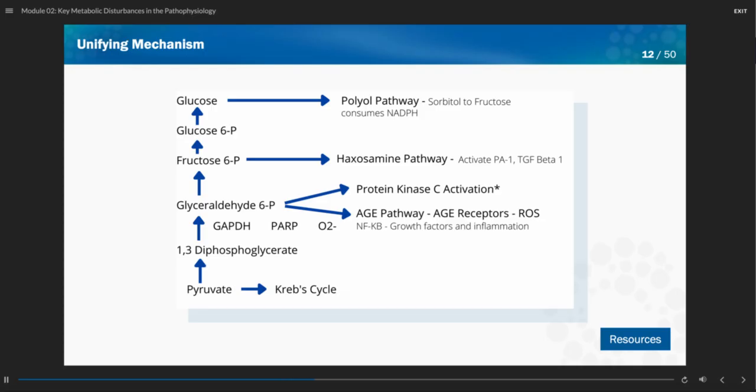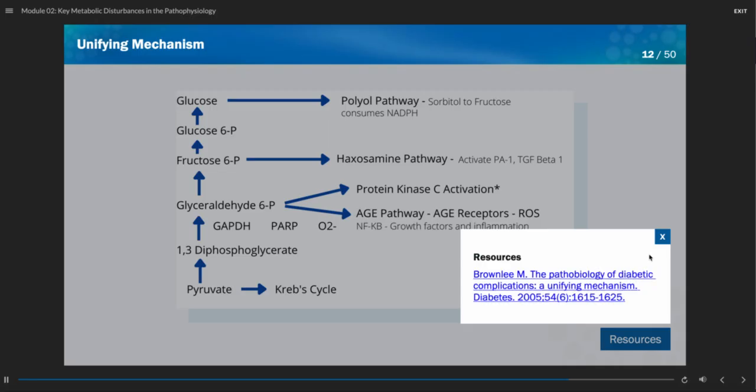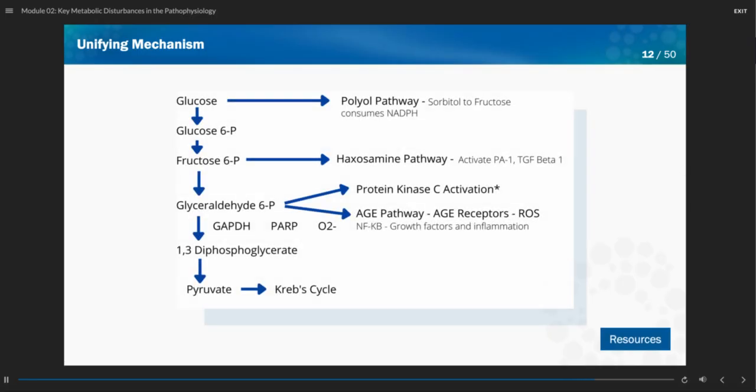Glyceraldehyde 3-phosphate can result in protein kinase C activation, as well as the advanced glycation pathway and the things that come off of that. Advanced glycation receptors will pick up the glycated proteins and increase the reactive oxygen species. So what he did was to show that these things are all tied together, and as the Krebs cycle kind of gets backed up, these things are then forced through these four different pathways.